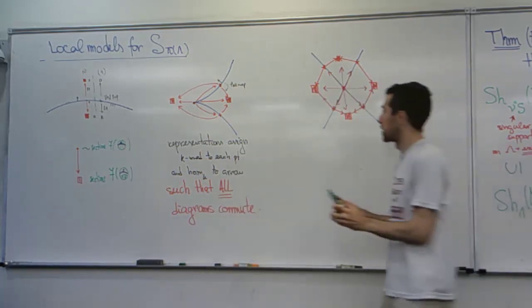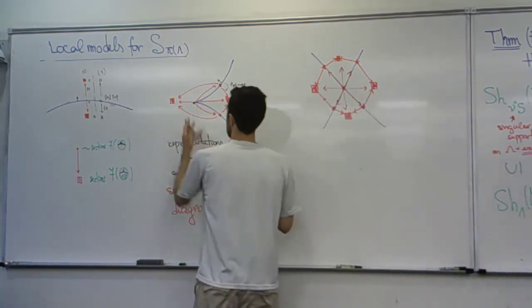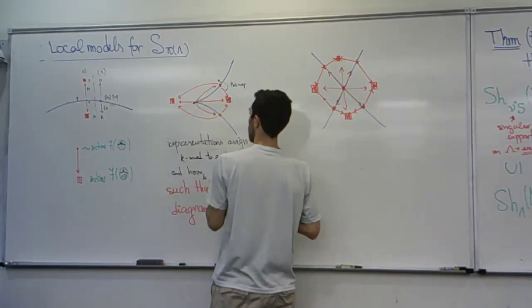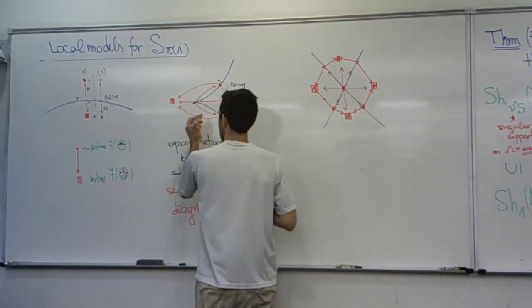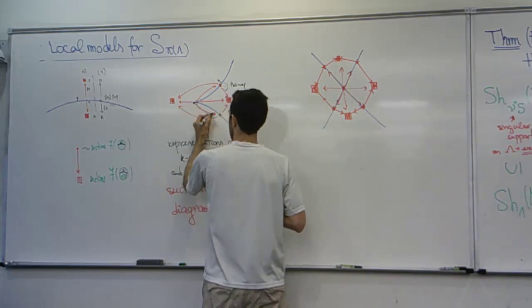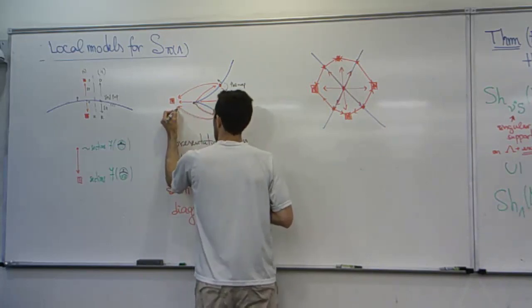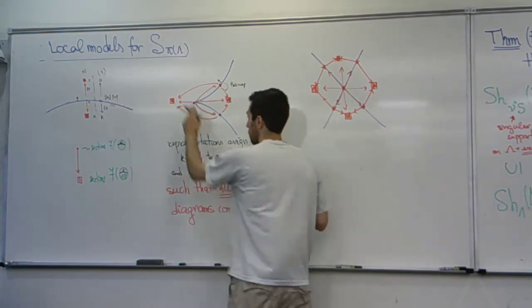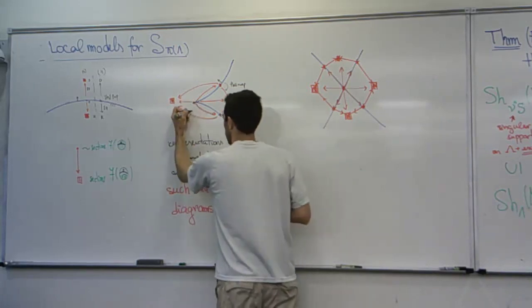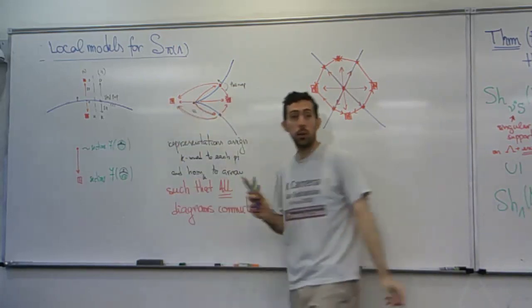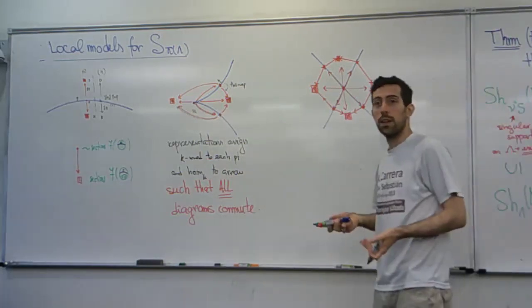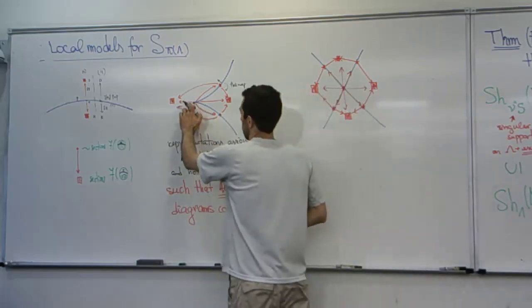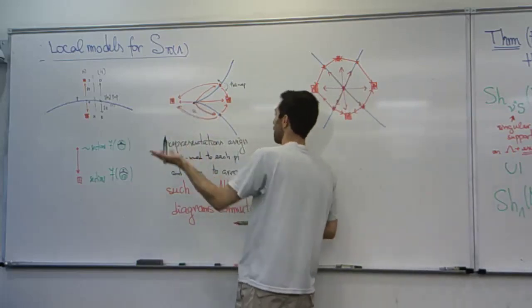Right? So for instance, here I could assign a vector space to this guy over here, and a vector space to this guy, and a vector space to this guy. Then I have a choice of this map over here, and I have a choice of this map over here. What I'm saying is you do not actually have a choice of this map, because you're forced to have this little triangle commute over there. And squares, triangle, whatever commutative thing that you can draw in there, that should commute. So that's the first time where you're like, well, I have a lot of arrows, but I don't need all of them.